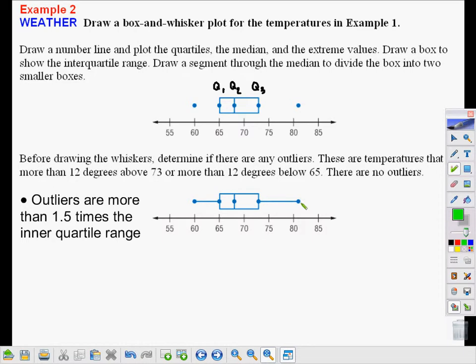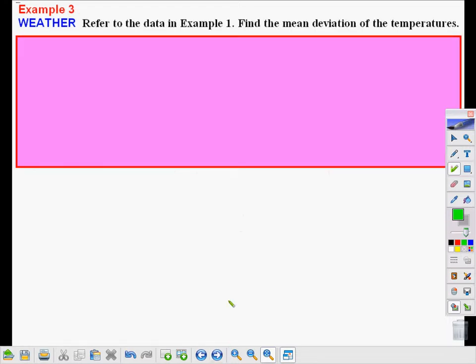It's not beyond 85, so that's okay. I can connect this as well. I have no outliers in this. Again, an outlier would be 1.5 times the interquartile range beyond the first quartile and third quartile marks. Okay, so, all right, let's keep moving.